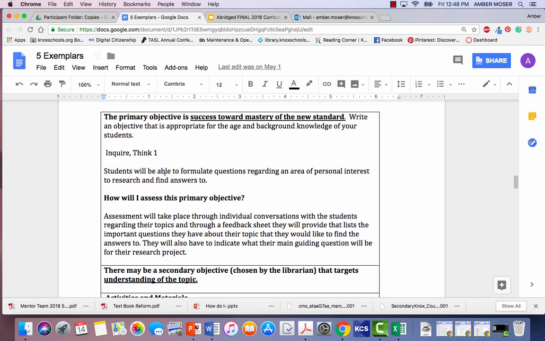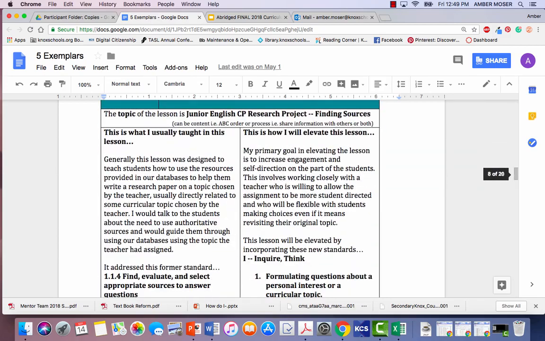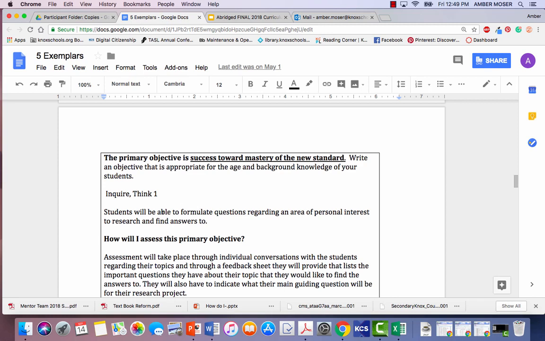So her objective, when she's working with students to accomplish this, reads, students will be able to formulate questions regarding an area of personal interest to research and find answers to. So this is what she's going to focus on, is students questioning and figuring out, what is it that I really want to dig into?